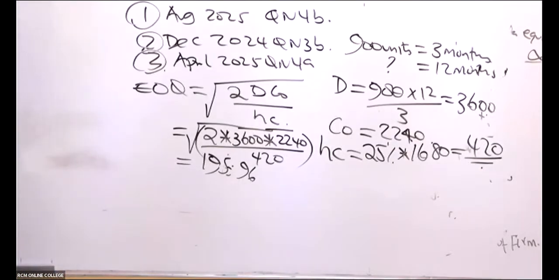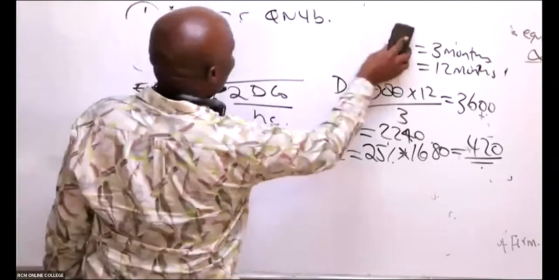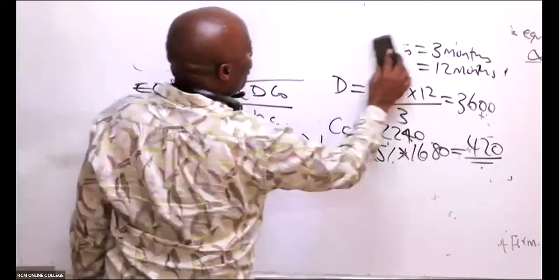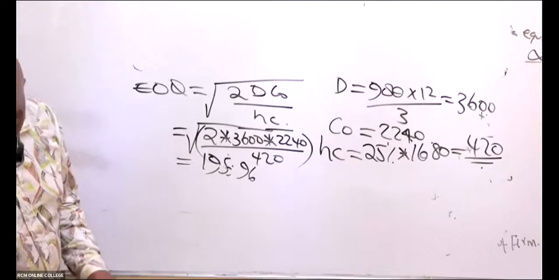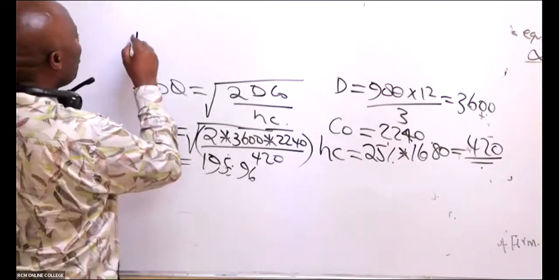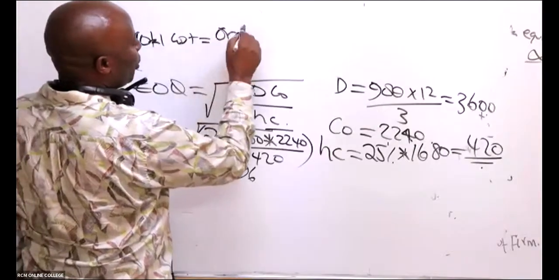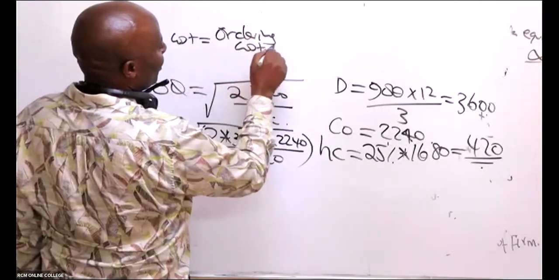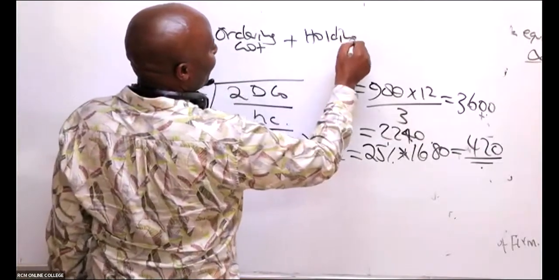To get this total cost, this is what I shall do. We are taking ordering cost plus holding cost.